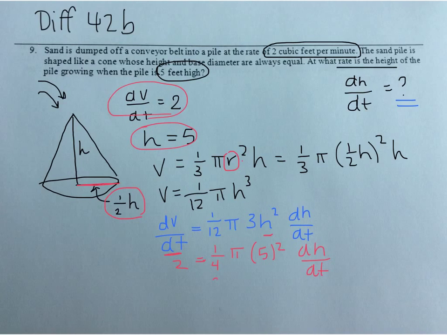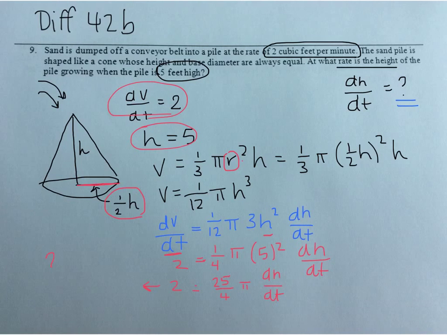So on the right side, I'm going to get 25/4 pi times dh/dt equals 2. So I'm going to just divide over the 25/4 pi to get dh/dt alone. Let me see if I can squeeze that in here.